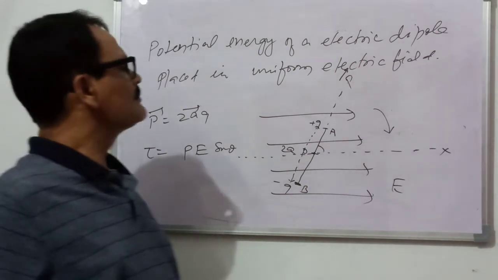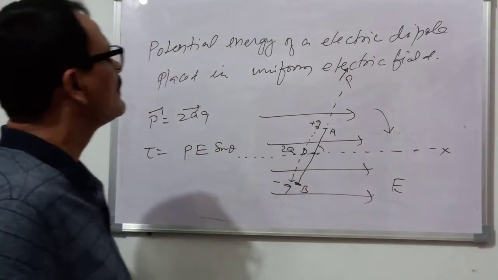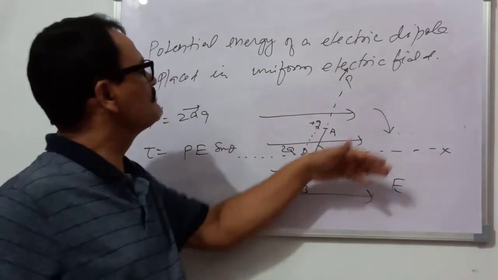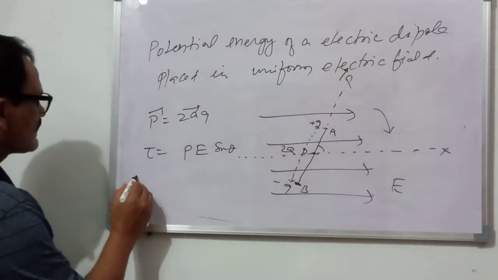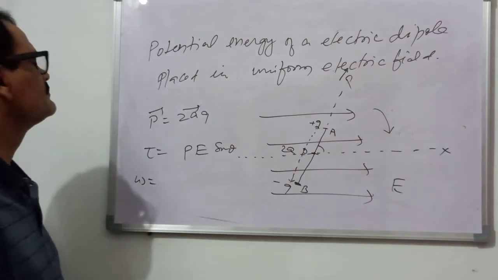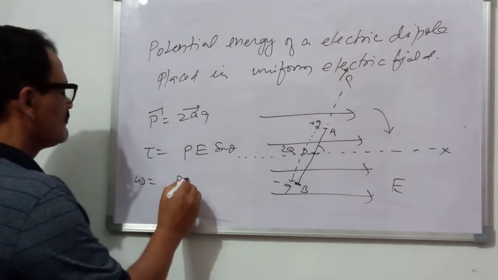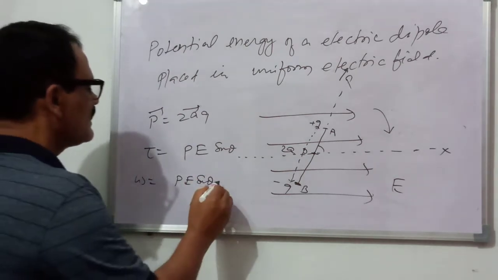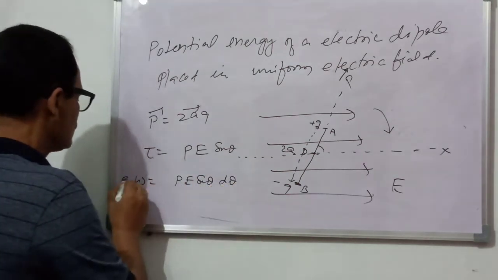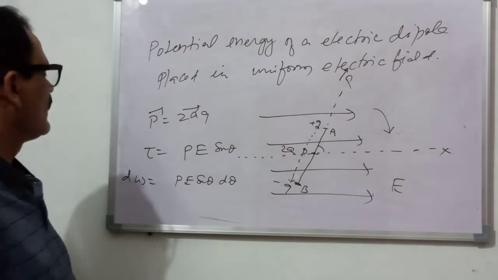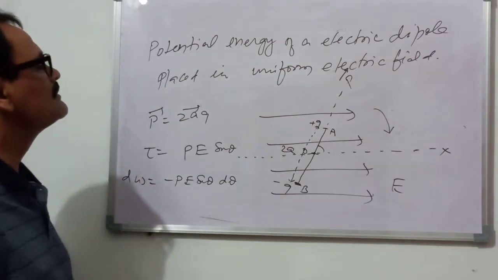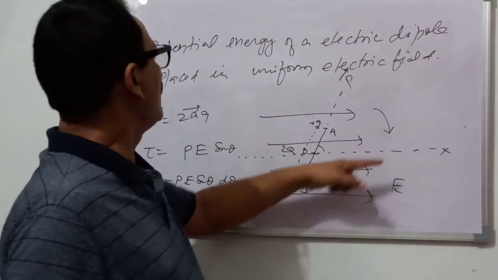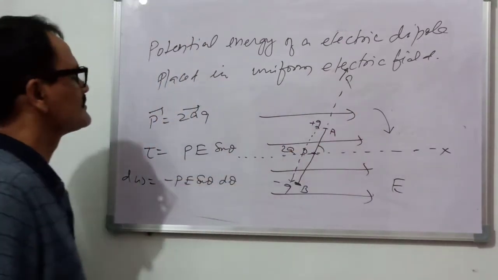And so the work done by the external force is in this way, and work done is equal to PE sin theta d theta, it is dW, and the negative sign means the torque is acting in this direction and this is the opposite direction.